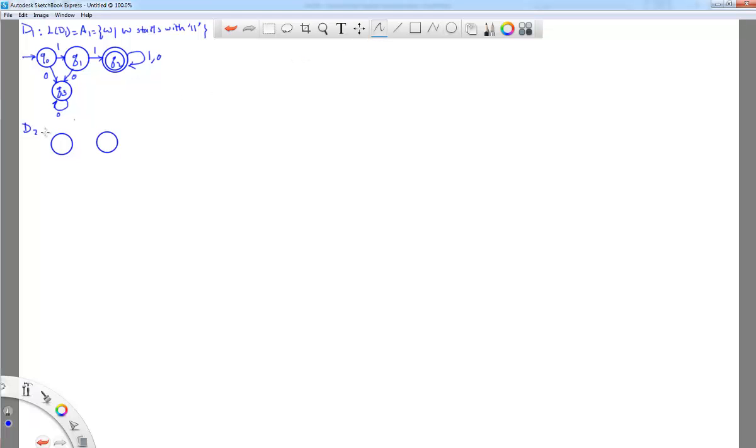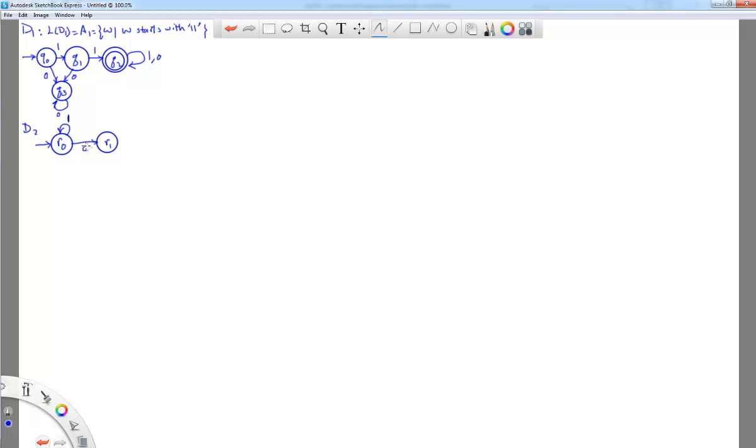I'm going to call these states R. So I'm going to have an R sub 0 and R sub 1. R sub 0 is the state in which it's a string that doesn't end with a 0.